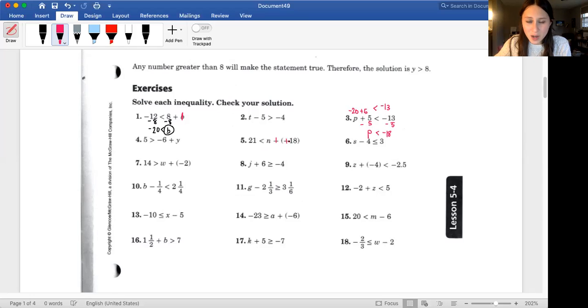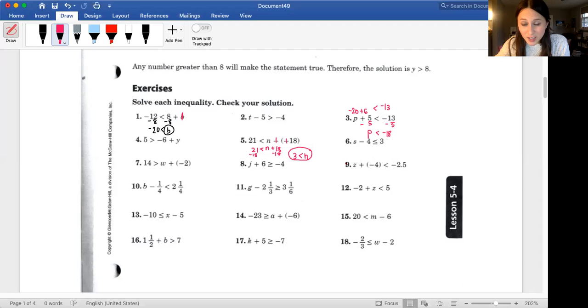So when we add the opposite, this becomes 21 is less than n plus 18, which is so much easier to work with than when you have two signs. And so now I can subtract 18 on both sides, and that would be 3. So 3 is less than n. And so the value for n that I could put in my equation to check my work is anything bigger than 3. I could put 4, 5, 6, right? I have so many numbers to choose from.